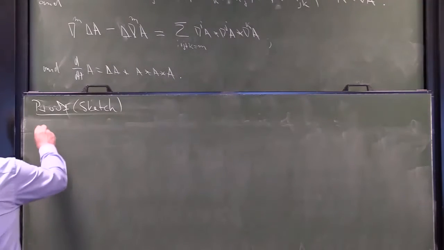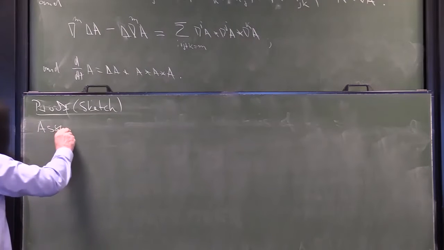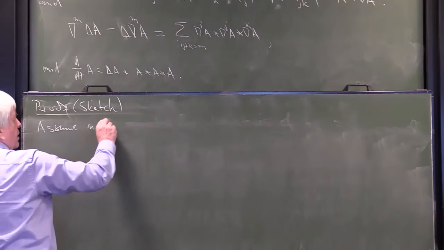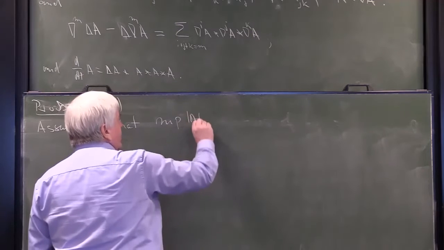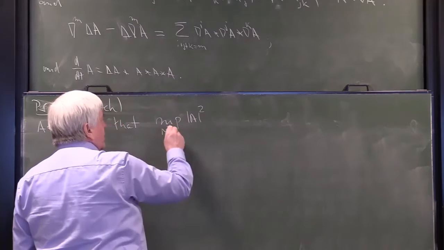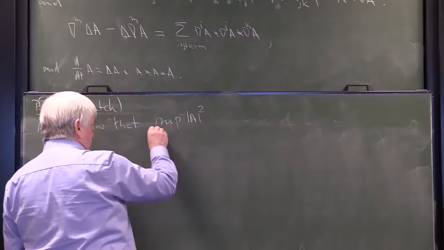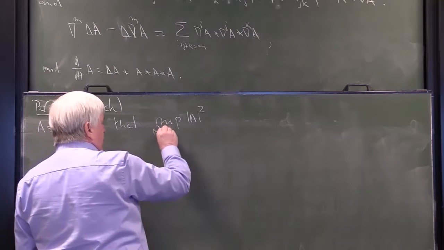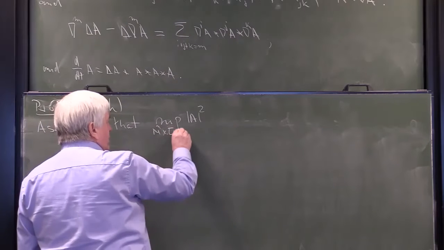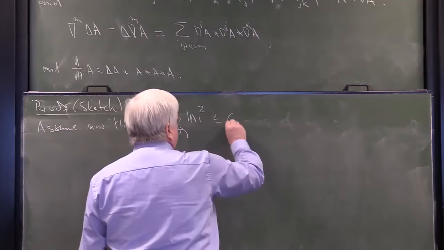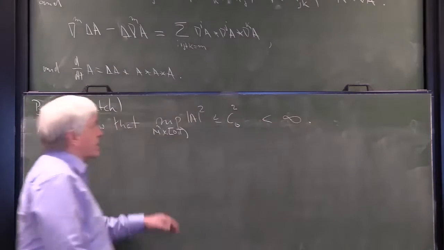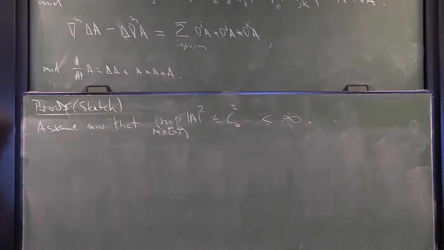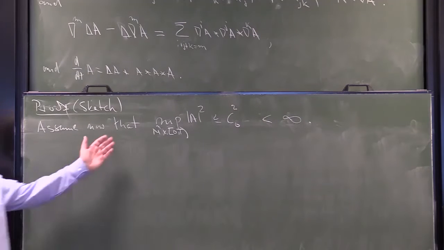So assume now that the sup of A squared on the surface Mn cross 0t is less than some C0 squared less than infinity. Assume it is bounded on the whole time interval.